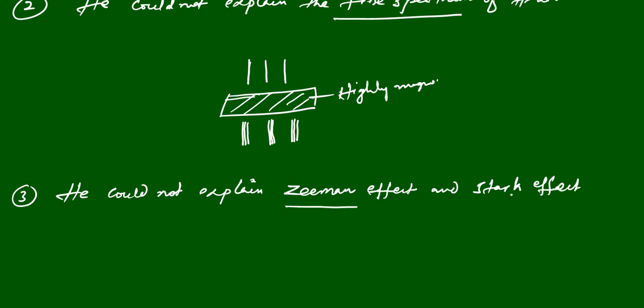What is the Zeeman effect and what is the Stark effect? Magnetic field and electric field. So here further splitting of spectral lines in presence of external magnetic field and external electric field. They are called Zeeman and Stark effects.